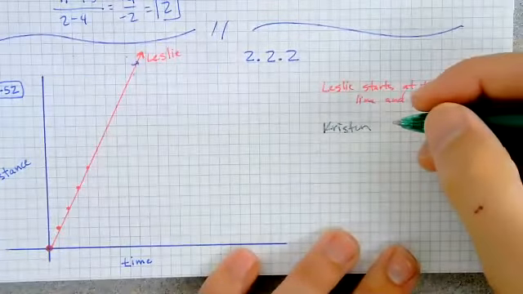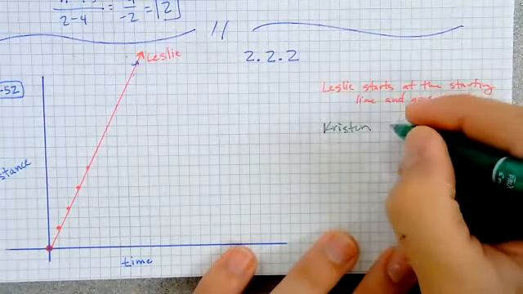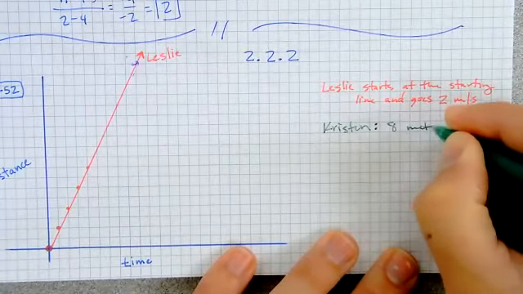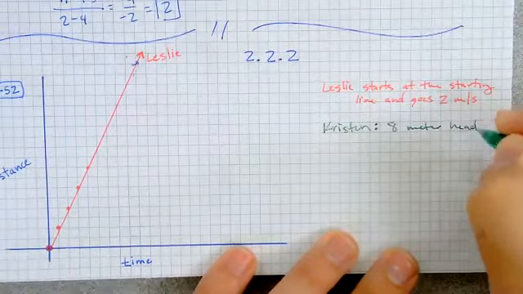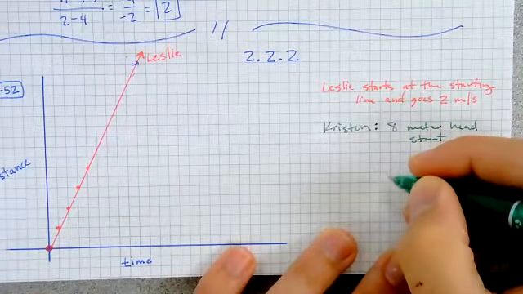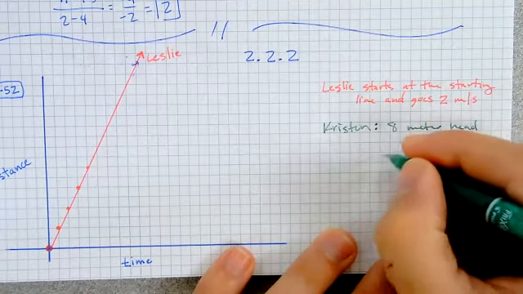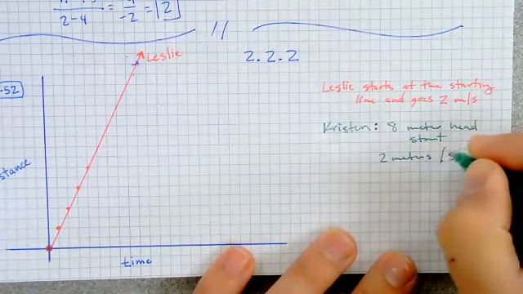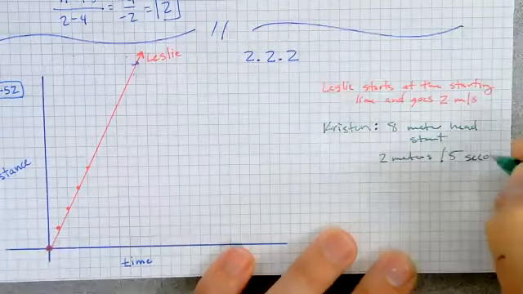Okay, so it says Kristen got an 8-meter head start and goes 2 meters every 5 seconds.